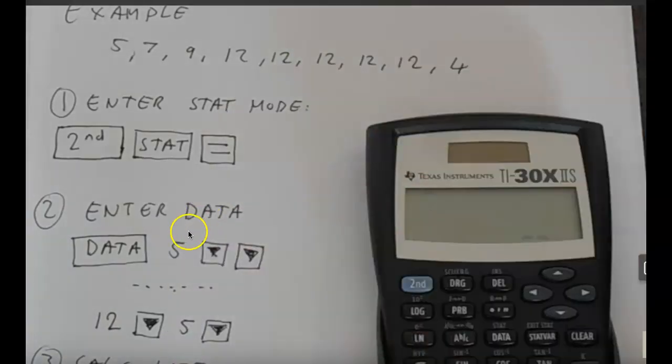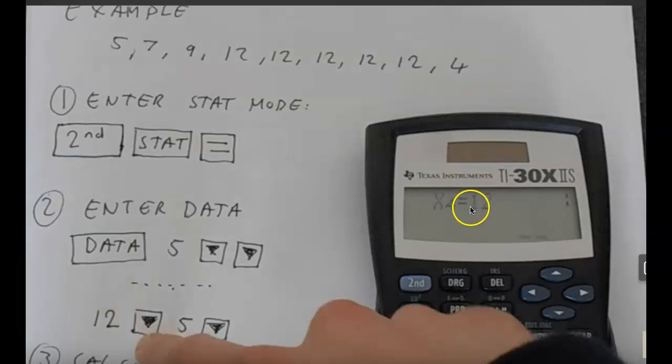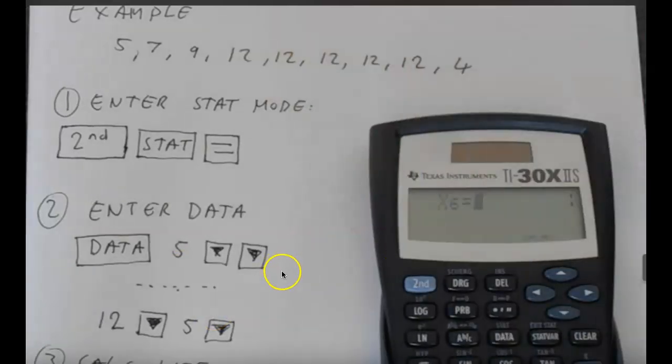Now you have to enter the data. You push that data button here, then you type those numbers: x1 equal to 5, the frequency equal to 1, and so on, x2 equal to 7. There's a special part you want to pay attention to: x equal to 12, frequency of 5. That's the special part. For x6, you don't have to worry about this.